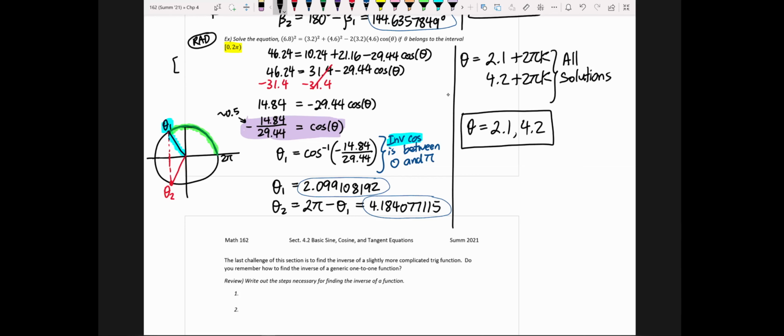Remember, between 0 and 2 pi, that's between 0 and approximately 6.28. Because pi is about 3.14, so 2 pi is about 6.28. So if they want solutions between 0 and 2 pi, it's between 0 and approximately 6.28.